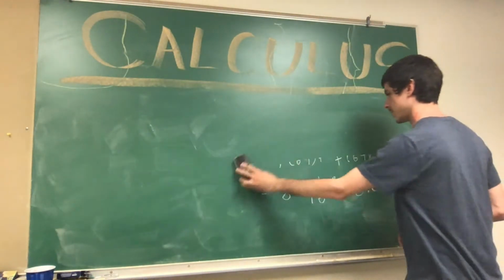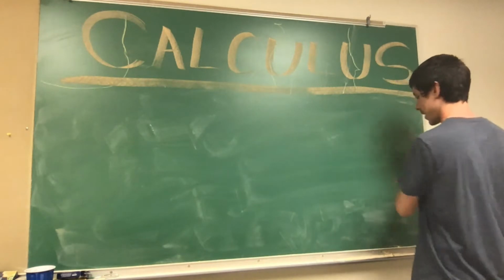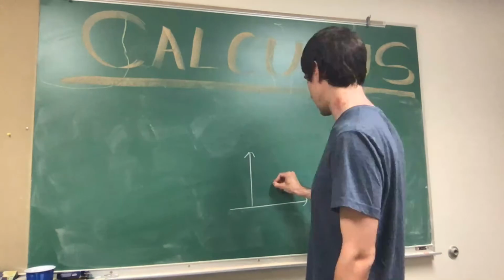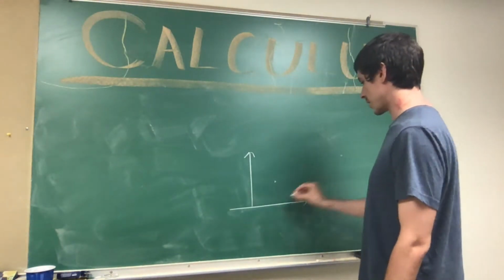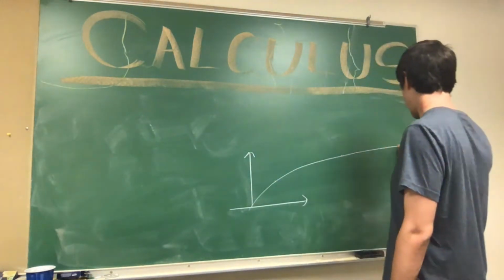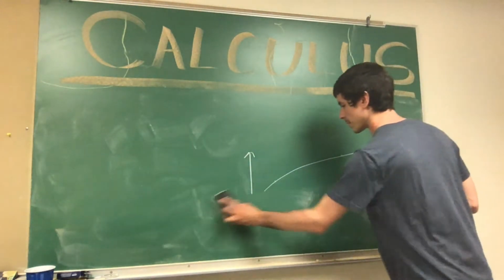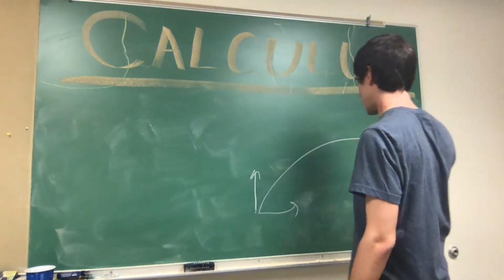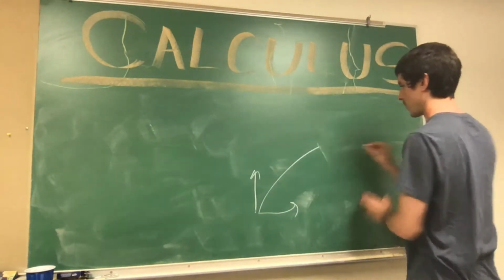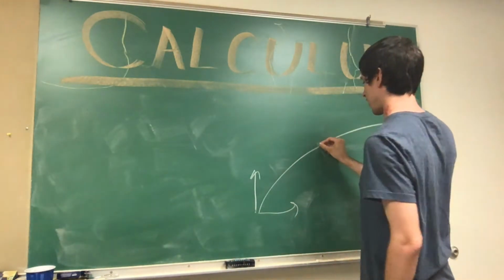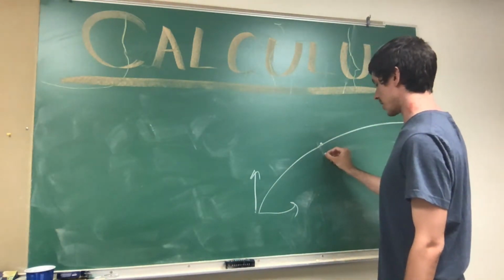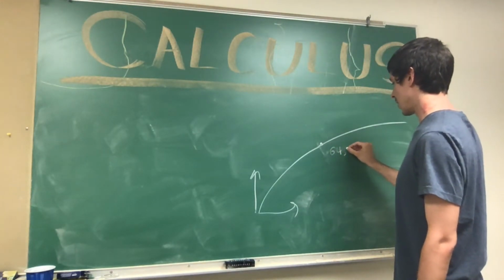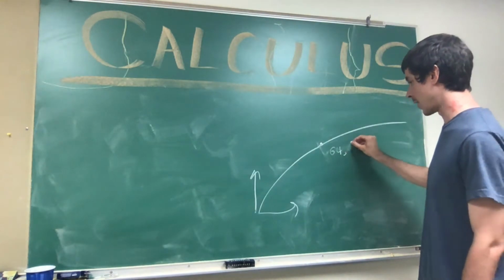And let me draw a quick picture of what we just did right there. So say we have f of x equals the square root of x, and I'm going to draw a different zoom. Say we have here x equals 64, and the square root of 64, y equals 8.